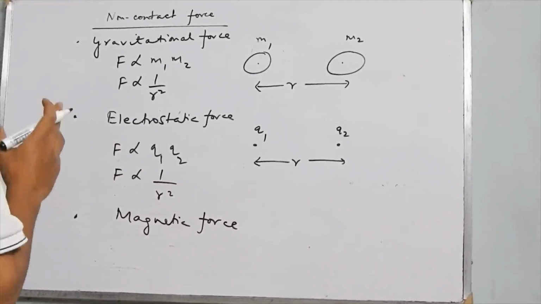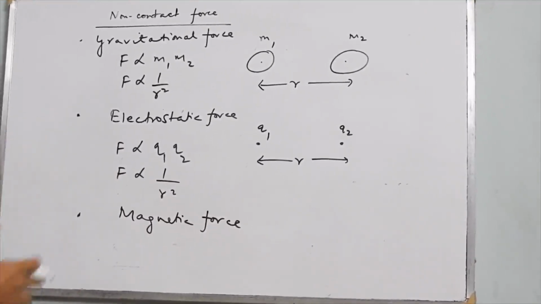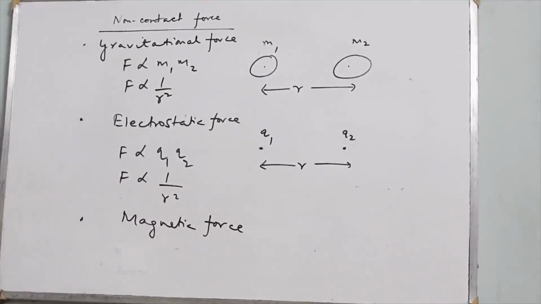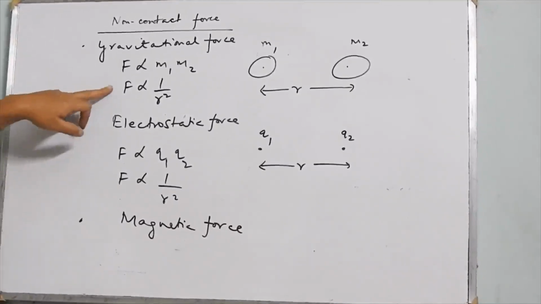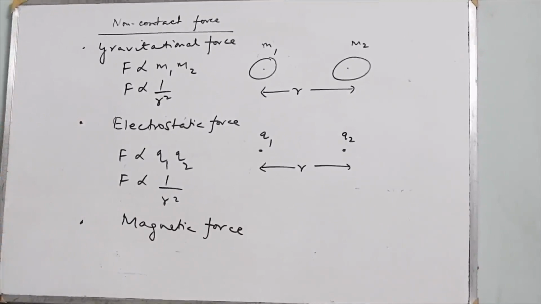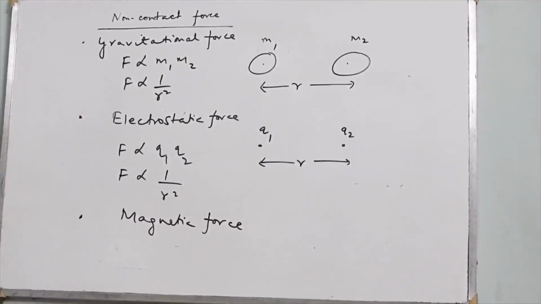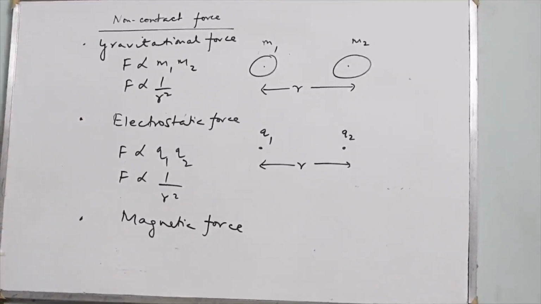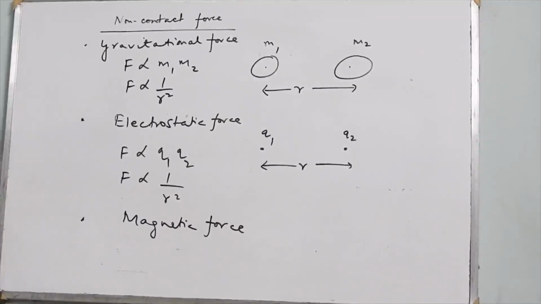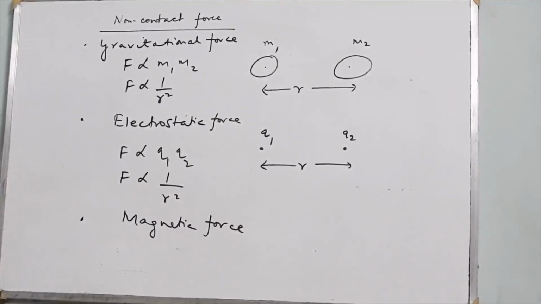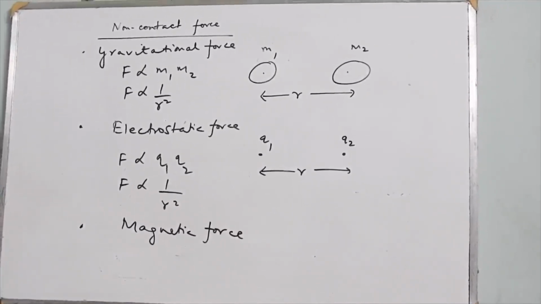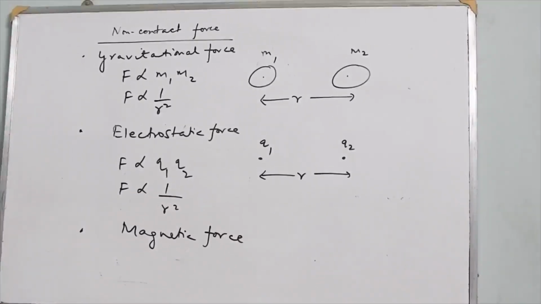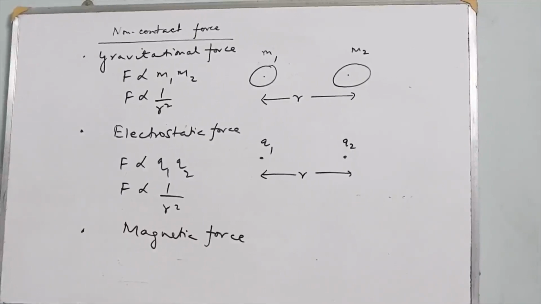But magnetic force, electrostatic force and gravitational force are all non-contact forces, and one thing common about them is that the force weakens with increase in separation between the bodies. If the distance between the given bodies is large, the force is quite small. So you can say that there is a general characteristic of all the non-contact forces.